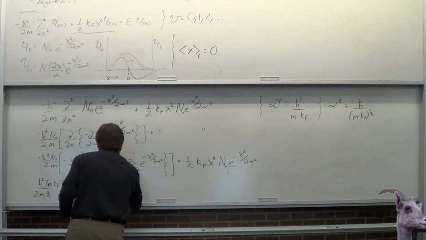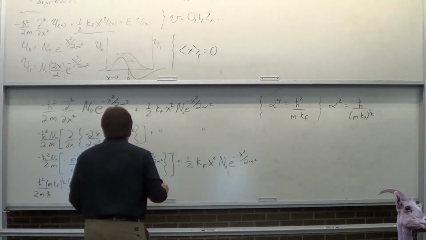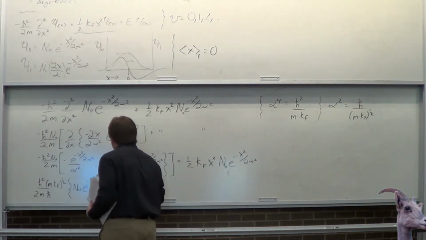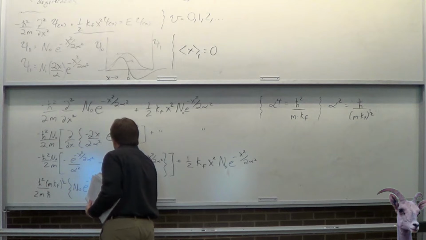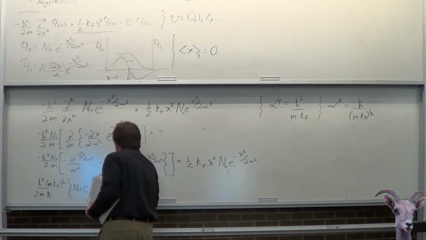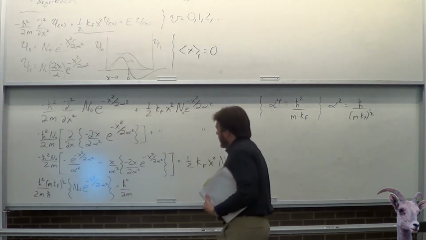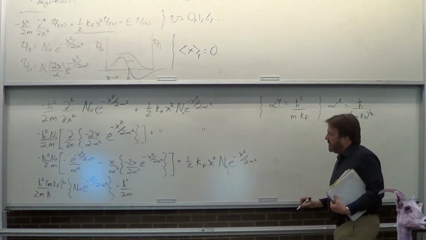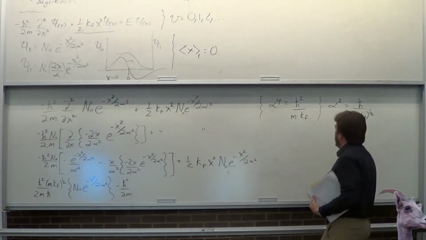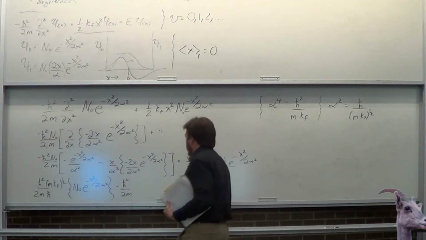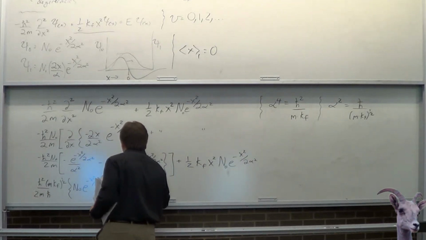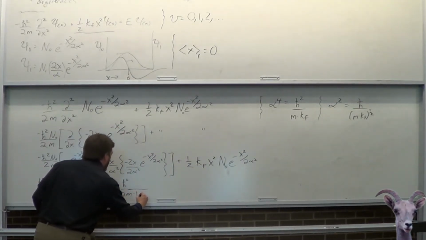Assuming that I am about to wipe out this next thing, so I've got my minus h bar squared over 2m. Seriously, is that right? And then I've got h bar squared. Now I'm doing alpha to the fourth, so I've got h bar squared.